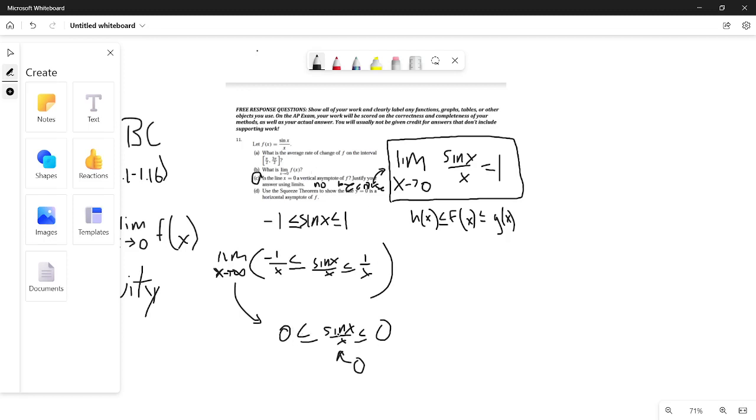But does that show y equals 0 is a horizontal asymptote? Well, that tells you that the limit as x approaches infinity of sine of x over x equals 0, because I squeezed it. When you find the limit of a function as x approaches infinity or negative infinity, that is a horizontal asymptote. Meaning it approaches 0 as x approaches infinity, which is the definition of a horizontal asymptote.